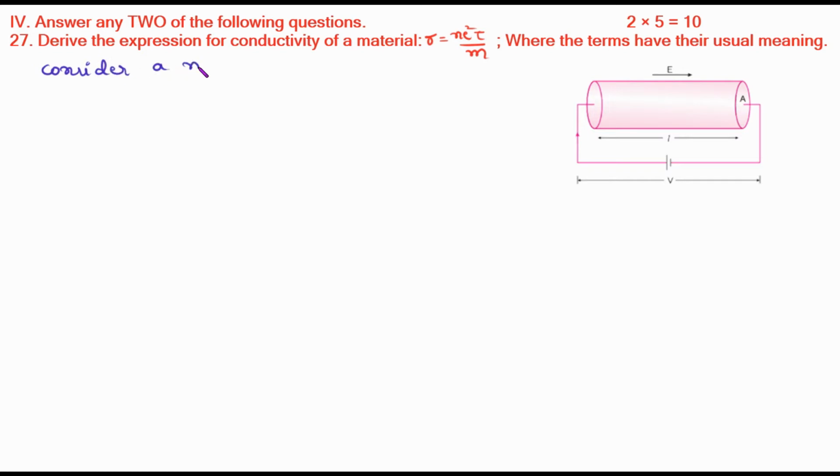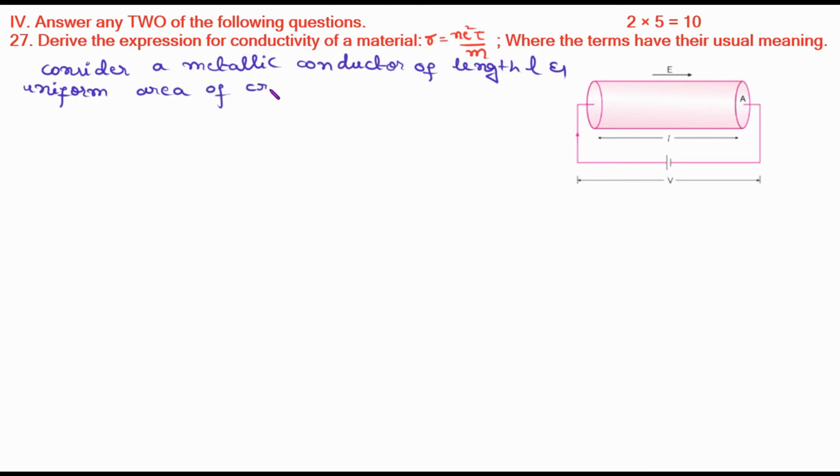Consider a metallic conductor of length L and uniform cross-sectional area A. Okay, A is the cross-sectional area.